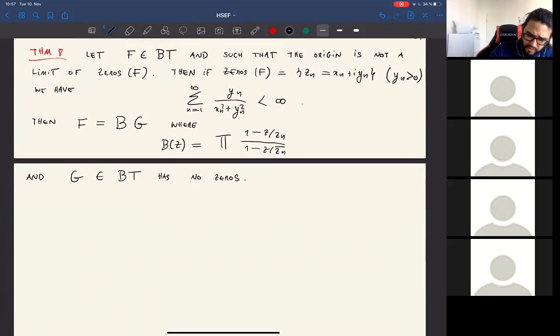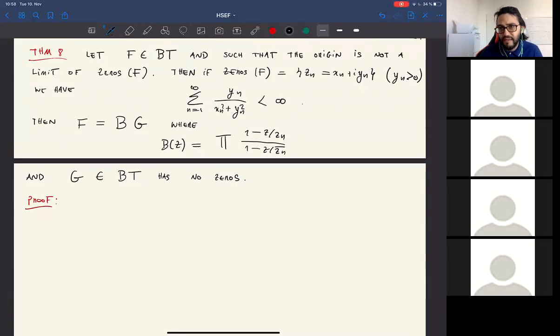Basically, we have all the tools to prove it already. It will be very similar to the proof of the factorization of functions of Pólya class. Okay, so we can definitely assume that we have infinitely many zeros, because if you only have finitely many, the Blaschke product will converge, obviously, and if I cut a zero, well, since the Blaschke product is a function of bounded type and f is of bounded type, if you divide a function of bounded type, you still have a function of bounded type.